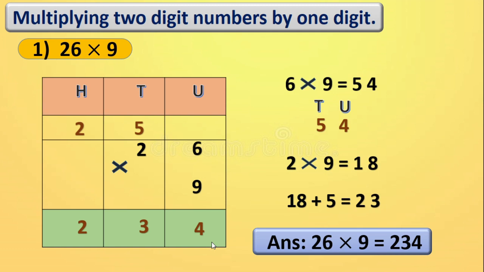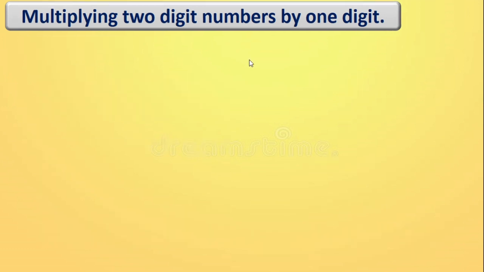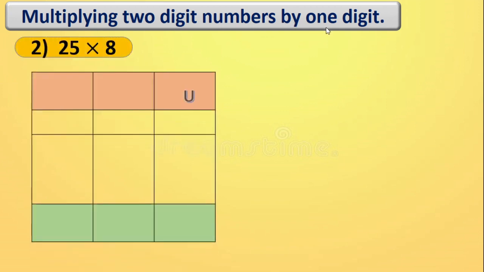We will move to the next one. Multiplying 2-digit numbers by 1 digit. One more we will try. So we will write unit, tens and hundreds. 2 in the tens place and 5 in unit place, multiplied by 8. Now first 8 5s are unit into unit.